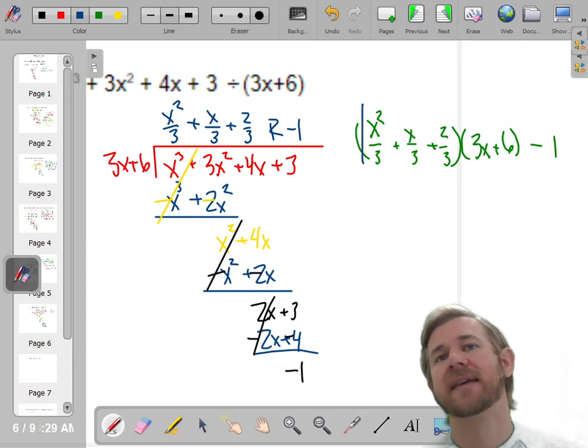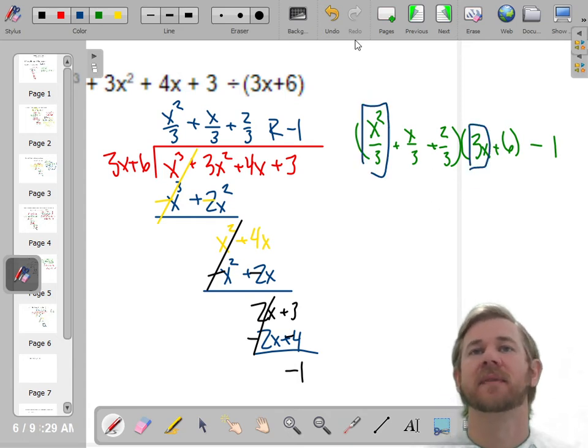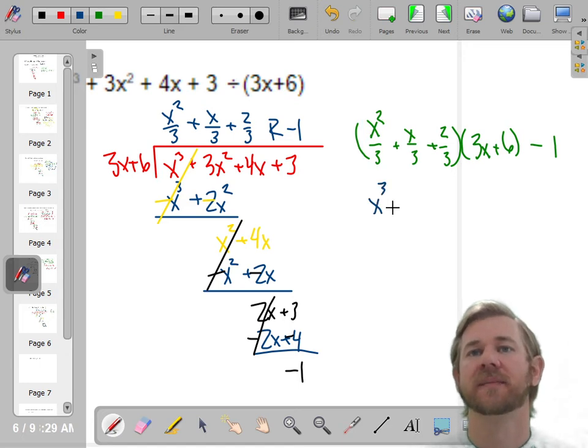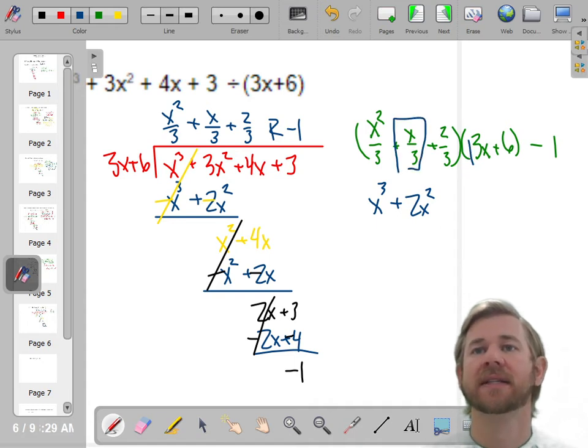If you do this times 3x, that would be 3x cubed divided by 3, that's x cubed, plus this times 6. 6x squared divided by 3 is 2x squared. X over 3 times 3x. 3x squared divided by 3 is just x squared.